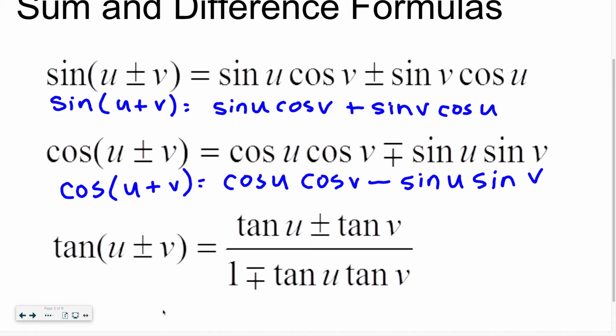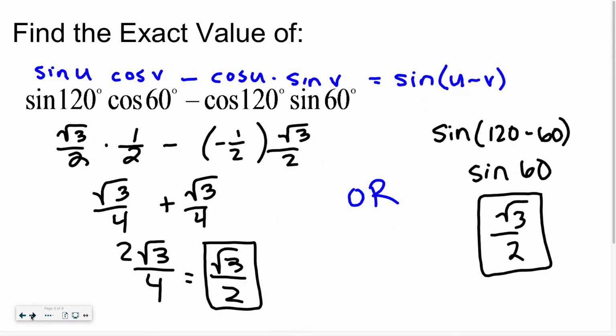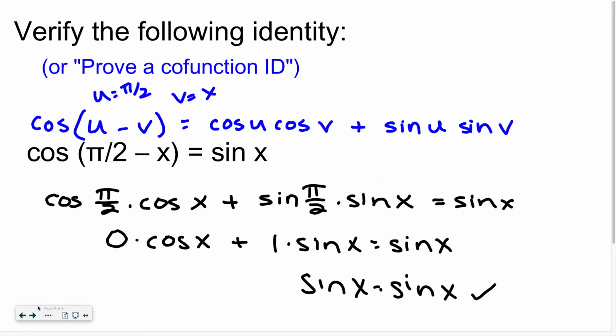That happens too in the denominator of the tangent formula. So you have to pay attention. You've got to be able to read that minus plus line. It's telling you to use the other sign from what you are doing, whether you're adding the angles or subtracting the angles. Good question. Anything else that you're dying to ask?